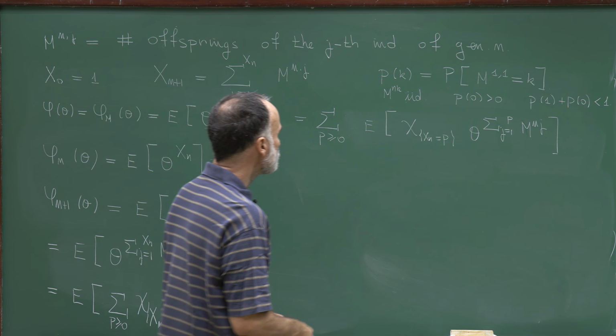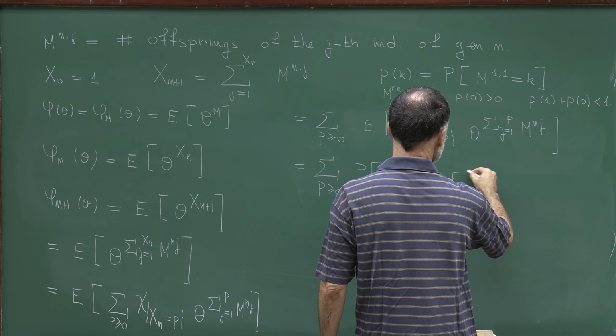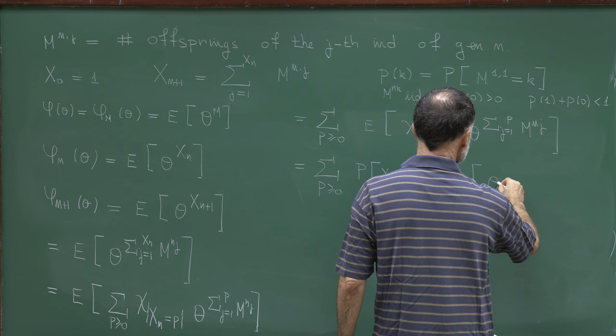So I can rewrite this sum as a sum of the expectation of this characteristic function, which is the probability that xn is equal to p, and then the expectation of this expression.